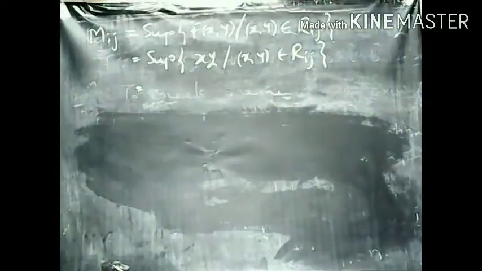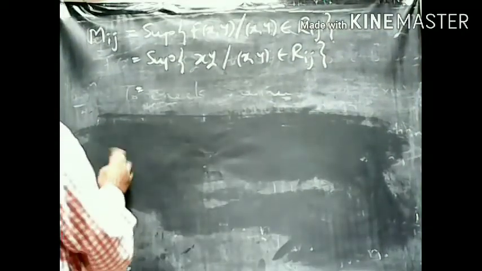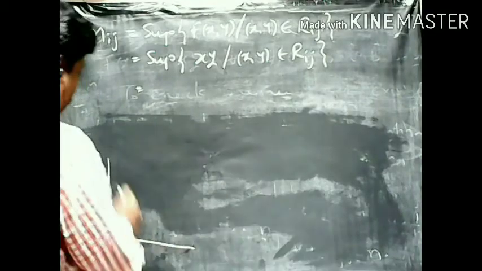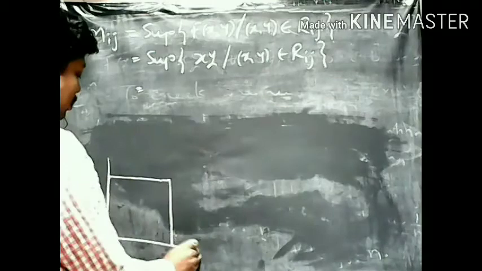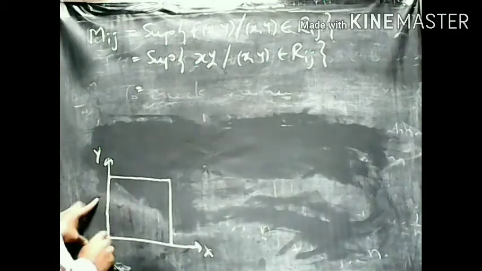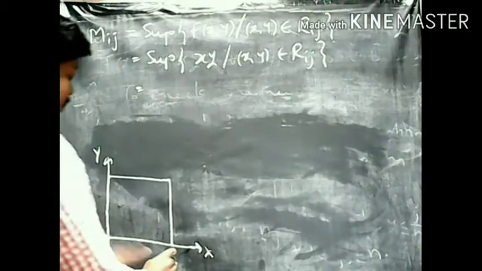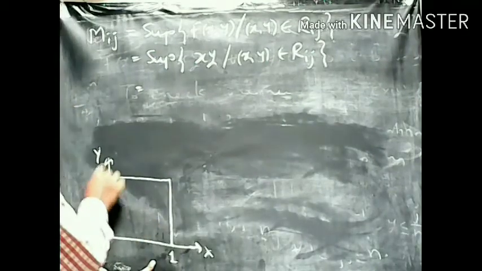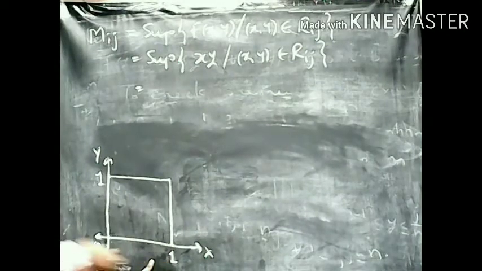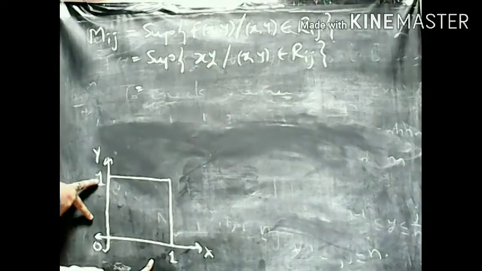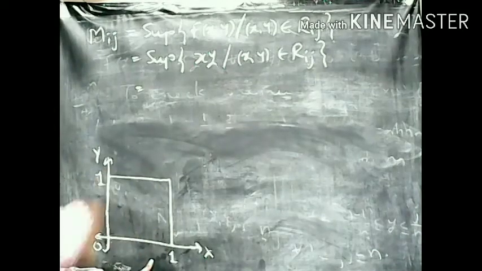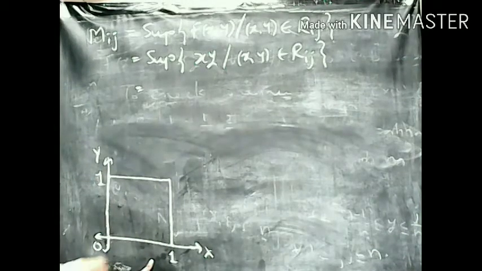So let us draw the picture. This is our rectangular domain. This is the x-axis, this is the y-axis, this is the origin, this is 1, this is 1. So this is [0,1], closed interval on the x-axis, [0,1], closed interval on the y-axis, and this square is the cross product of these two closed intervals.